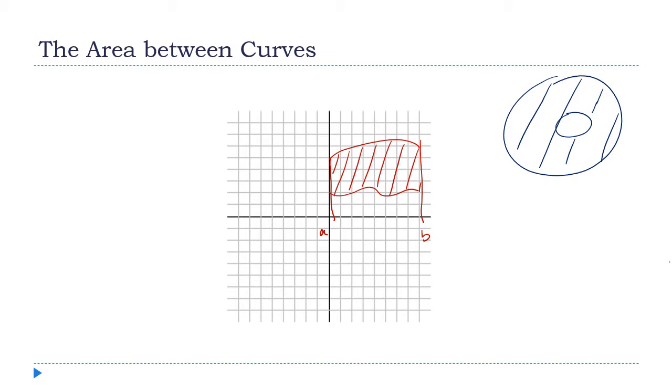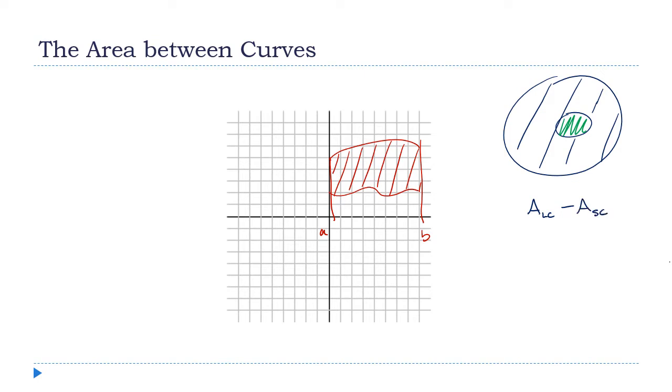Hopefully you remember the way we did this is we found the area of the large circle, which was too much, because that also includes this bit here. And then the way we fixed this is we just subtracted out the area of the smaller circle.